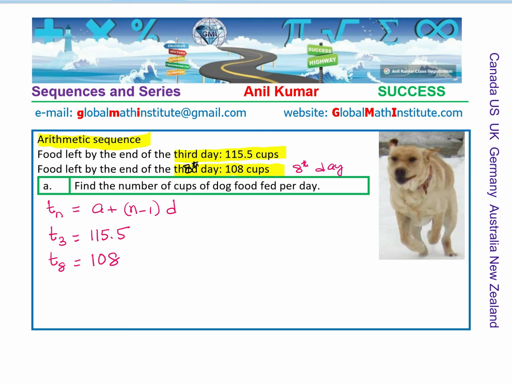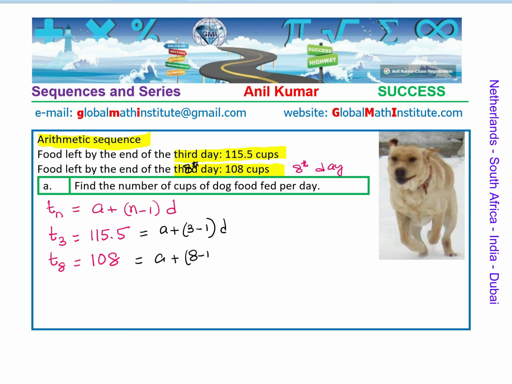Now, applying the formula, what do you get? Let's apply the formula to the third day. So n is 3, and we get a plus 3 minus 1 into d. In this case, we get a plus 8 minus 1 into d. Further, you could write this as a plus 2d, and that gives you a plus 7d.